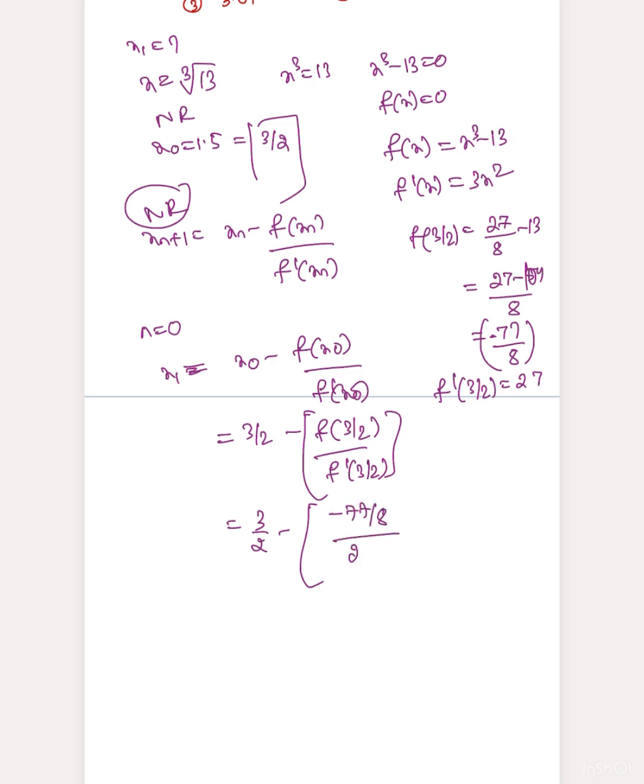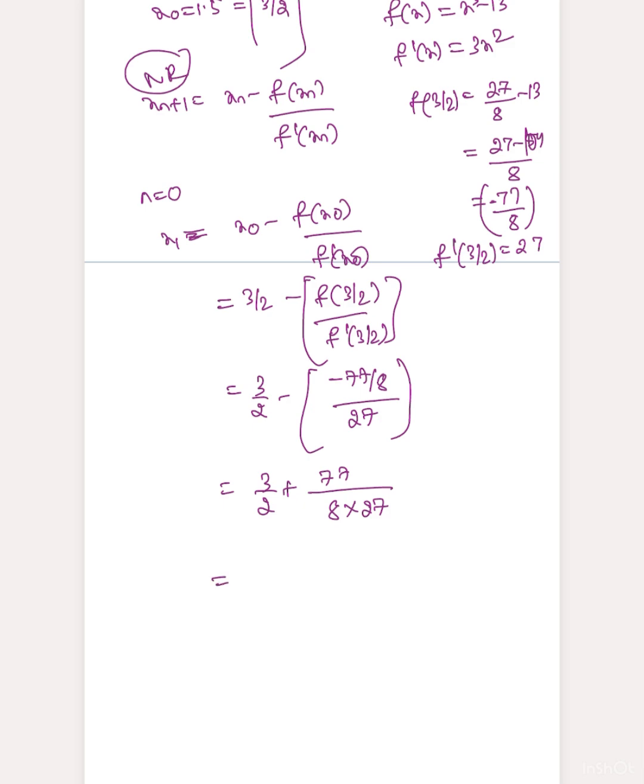This f dash of 3 by 2 is 27. This is equal to 3 by 2 plus 77 by 8 into 27. This is 77 by 8 divided by 27.